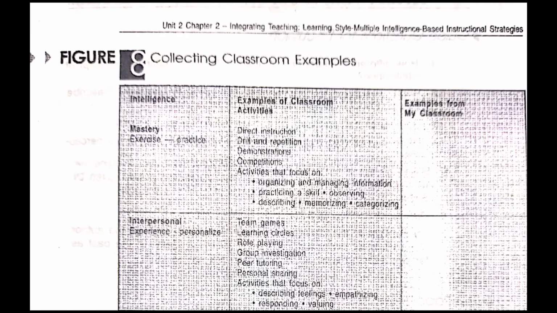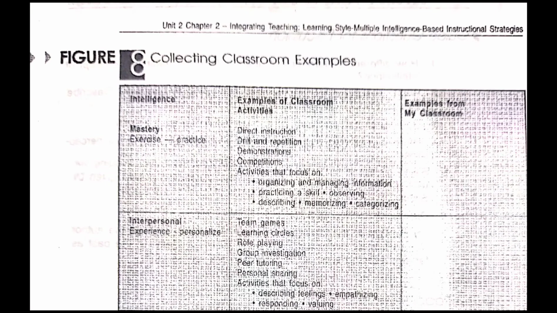Selecting classroom examples for learning styles. For the mastery style, exercise and practice. Examples of classroom activities are direct instruction, drill and repetition, demonstration, competitions, activities that focus on organizing and managing information, practicing a skill, observing, describing, memorizing, and categorizing.